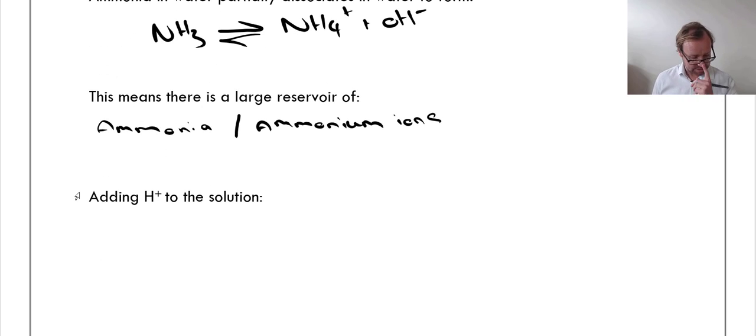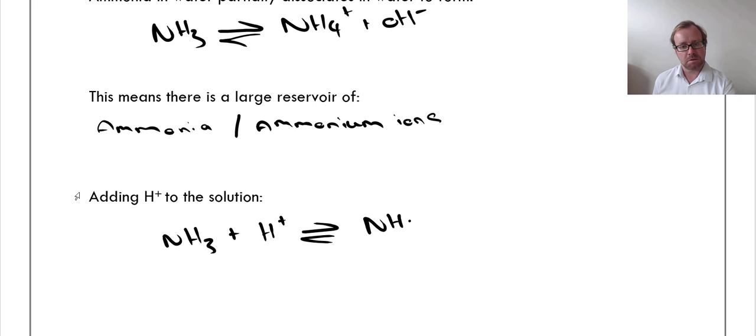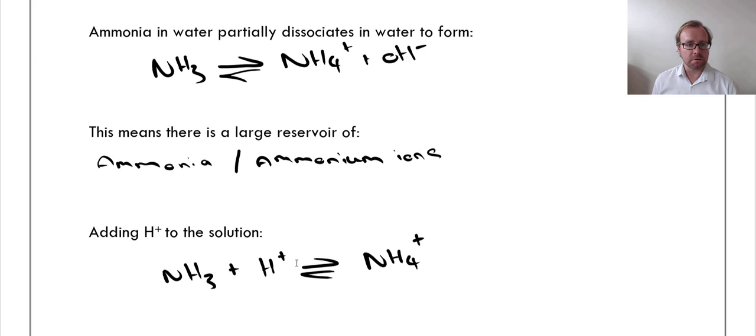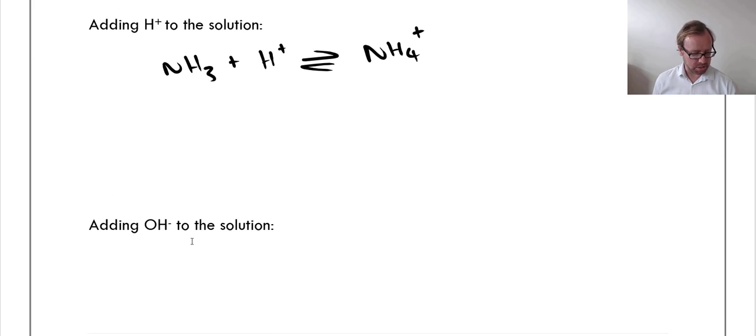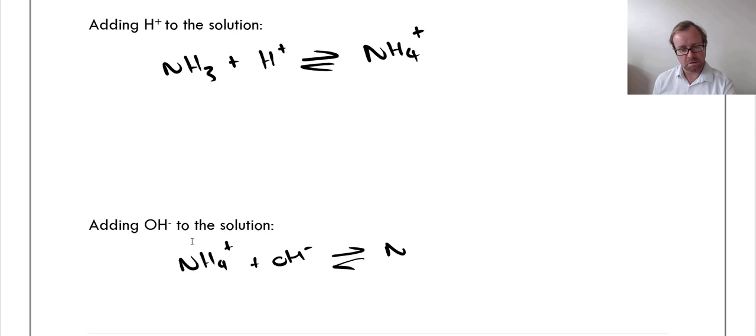So if I add H+ to the solution, my ammonia can react with the H+ to produce my ammonium ion, which also means that if I add OH- to the solution, my ammonium ion can react with the OH- to produce NH3 and H2O.